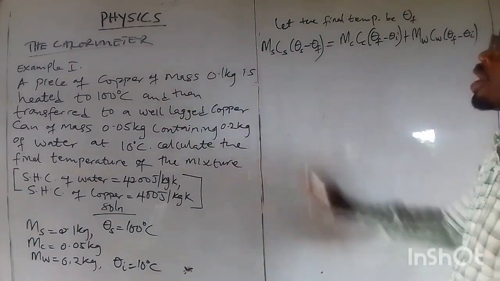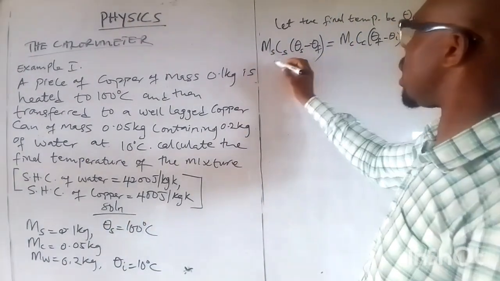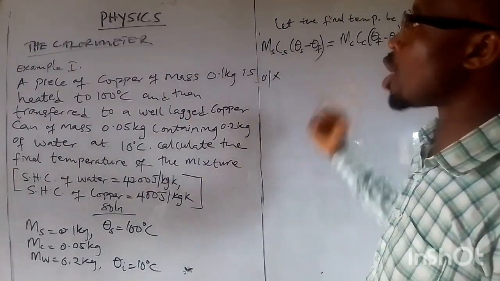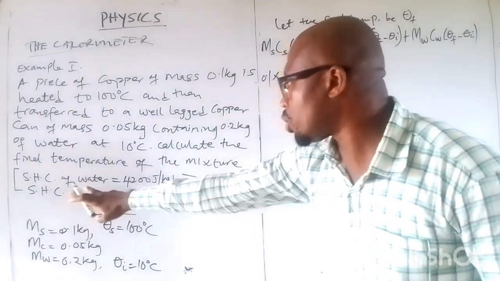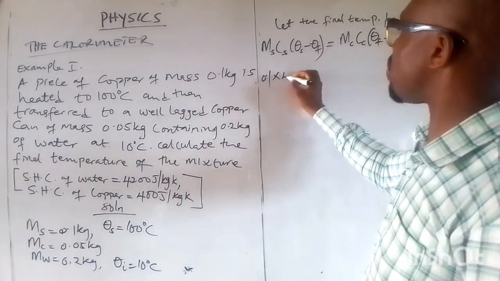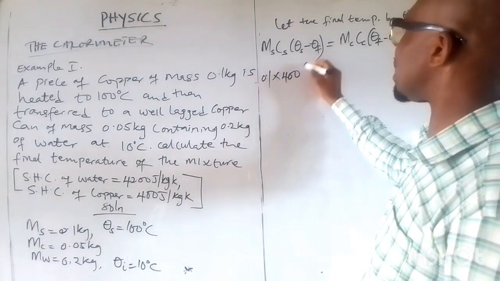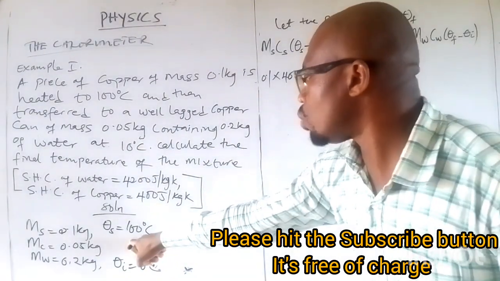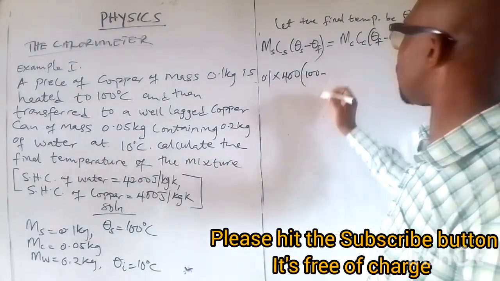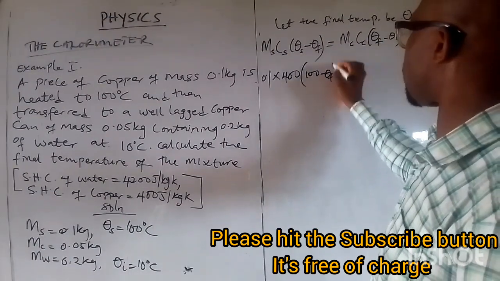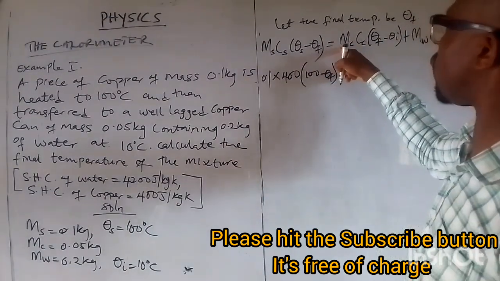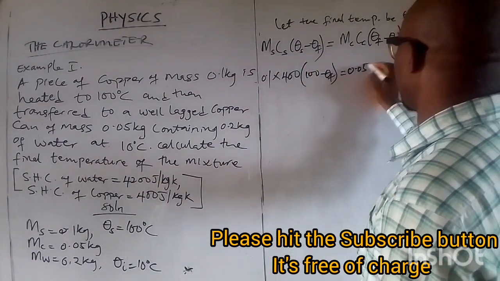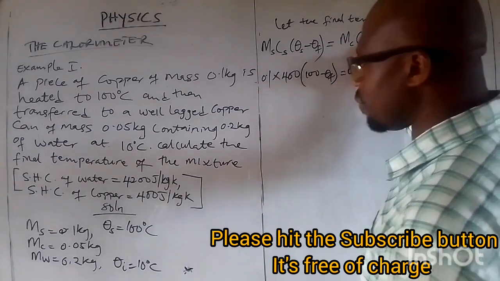Now we substitute. Mass of solid is 0.1, times specific heat capacity of solid. Because it is a copper solid, we use the specific heat capacity of 400, times the temperature of the solid, which is 100, minus the final temperature, theta F, equals mass of the calorimeter, 0.05, times specific heat capacity.